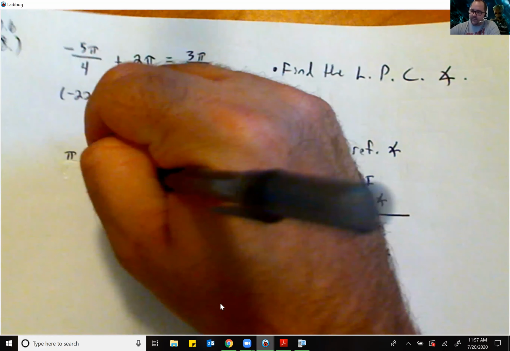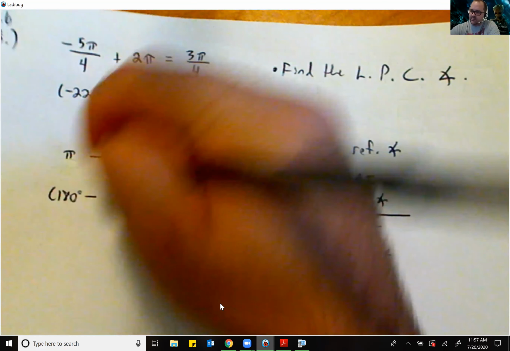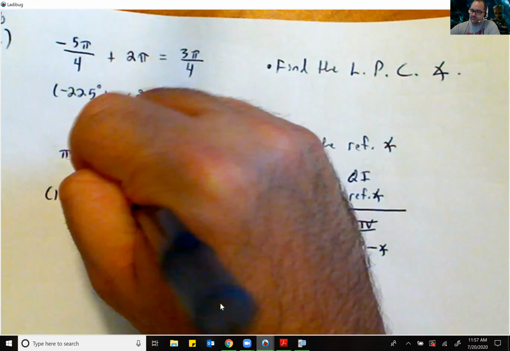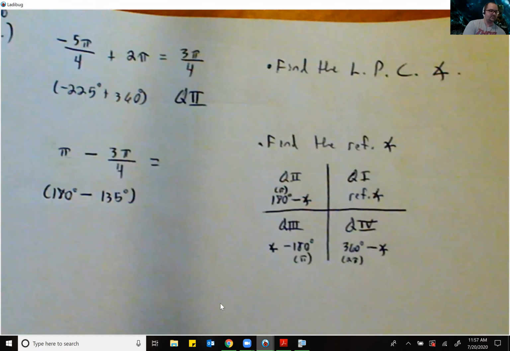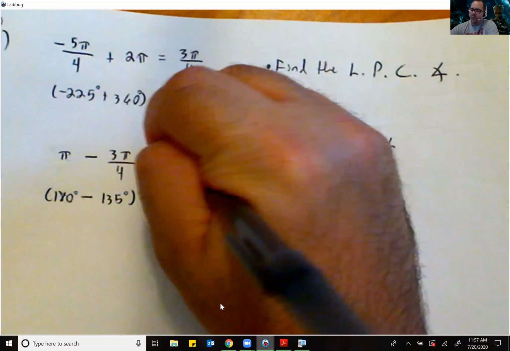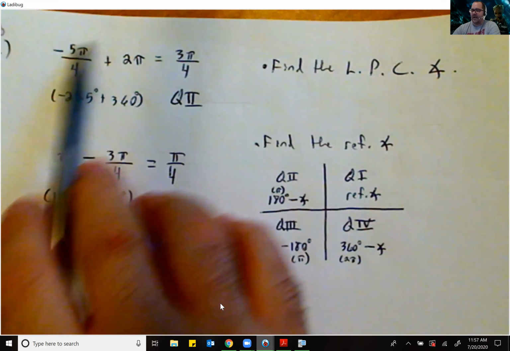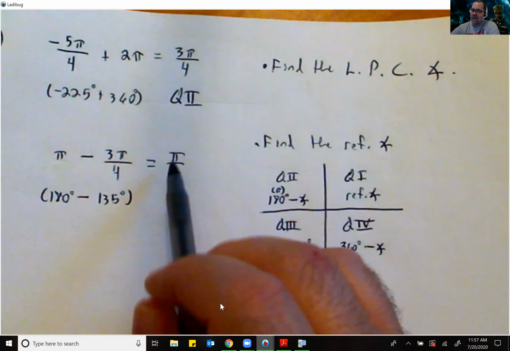Or in other words, again, 180 degrees minus 135 degrees. And that will give us pi over 4.